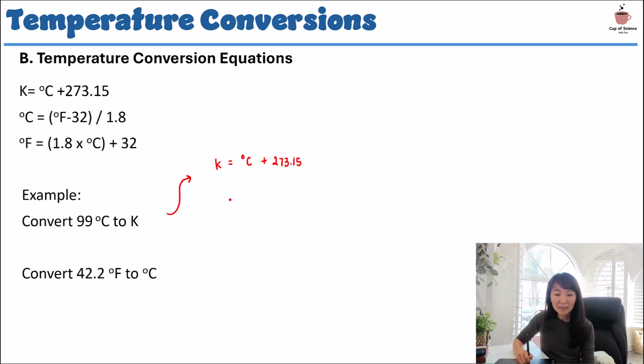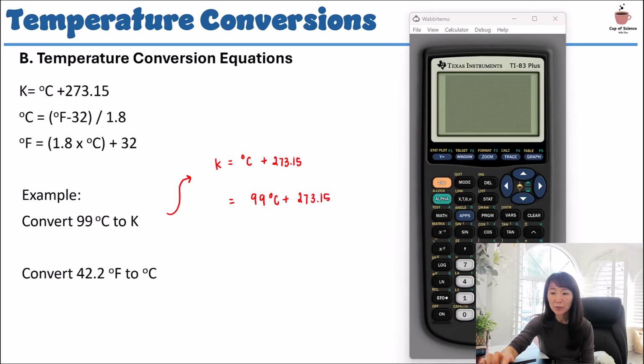Well, my Celsius is 99 degrees. I need to convert that to Kelvin by adding the 273.15. So we're going to simply add 99 plus 273.15. So that will equate out to 372.15.